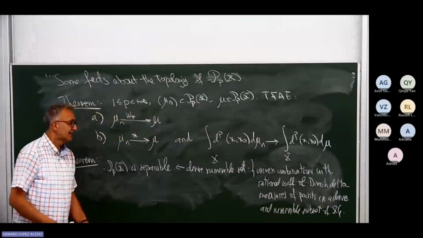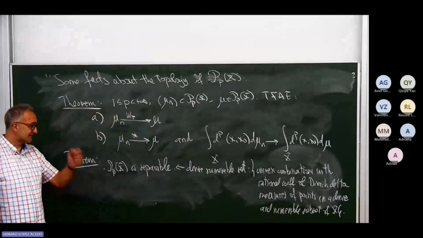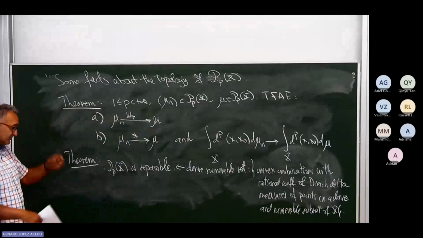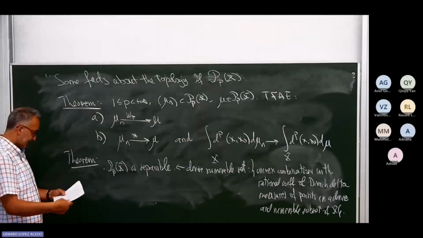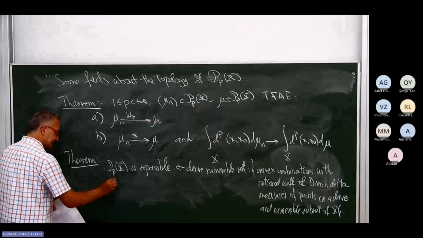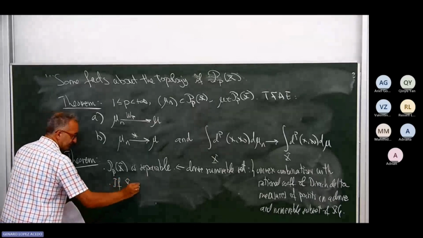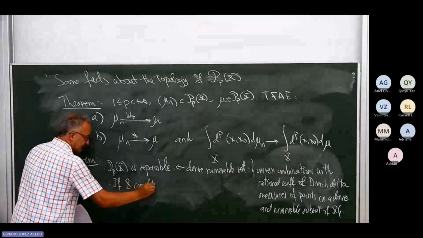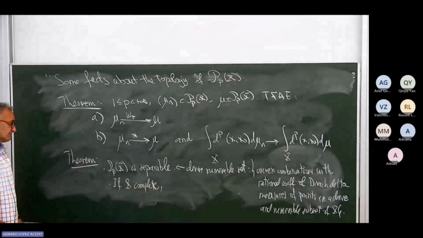That would be the set that makes it worth proving that this space is separable. Right? If X is complete, we have to assume X is complete equally. Could not be the case.